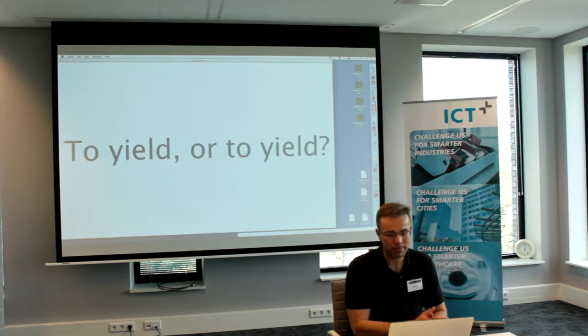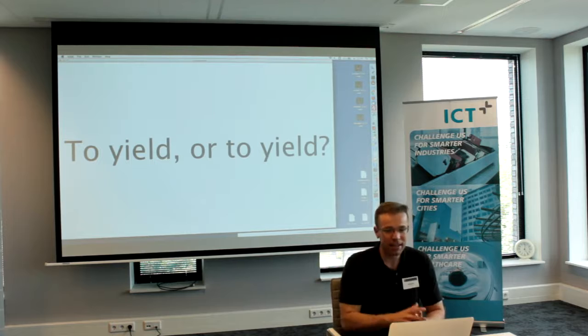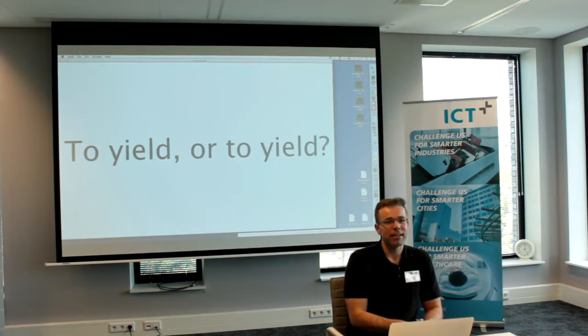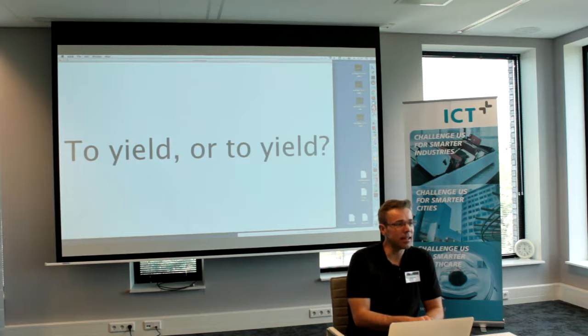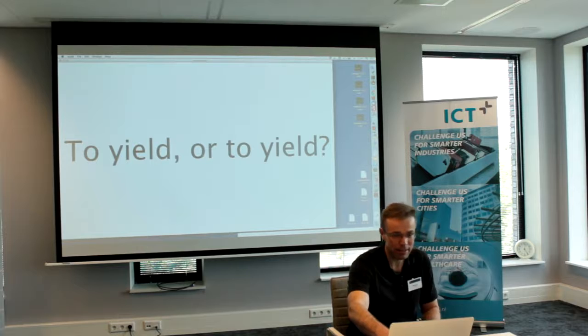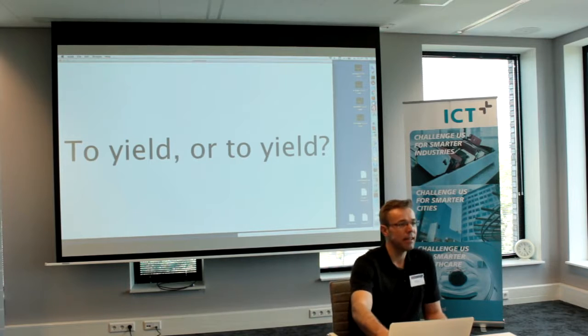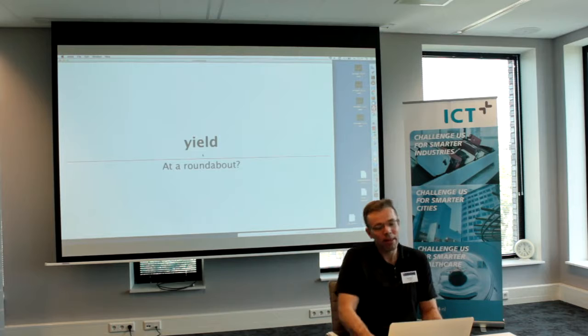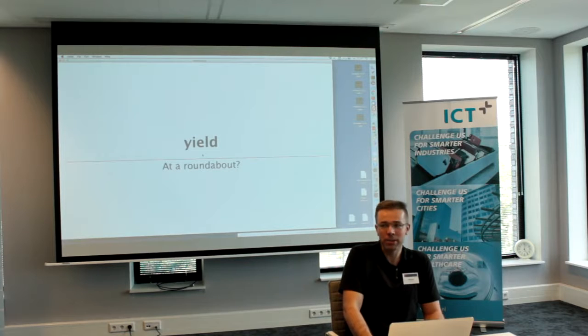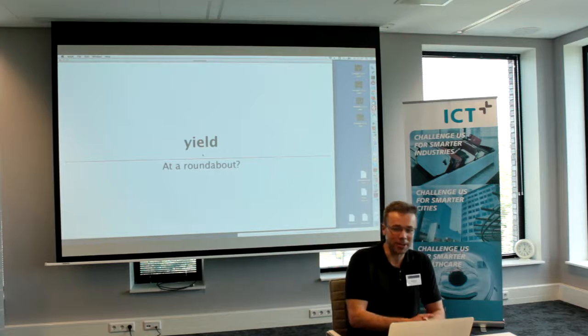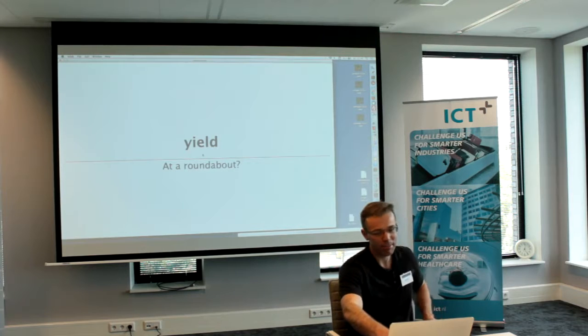All right, a brief discussion about the word yield. Yield is the command that pauses a coroutine context. Something interesting about the word yield is it's got two meanings in English, as well as two meanings technically, the way coroutine uses it. The first sense of yield is what you might do at a roundabout. You yield because you don't want to get run over, and you want to be a good citizen, but you're not producing anything.